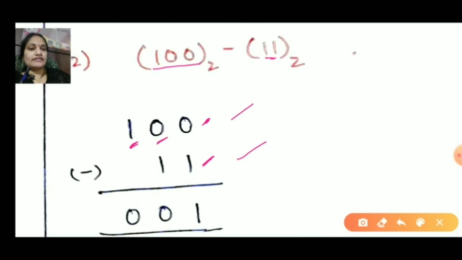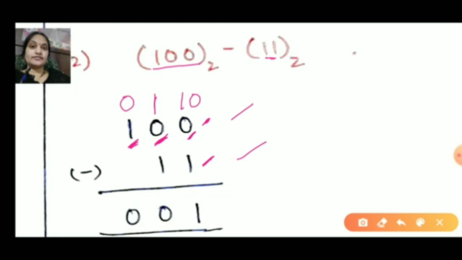So after giving borrow, this 0 becomes 10 and 1 becomes 1 decremented by 1, that means it becomes 0. Then what about this 0? That is 1, because 1 is the highest digit in the binary number system.